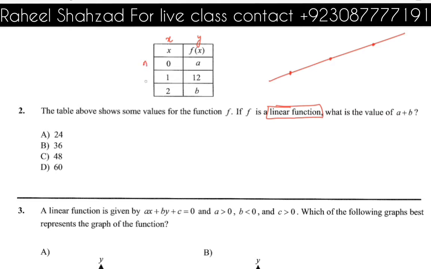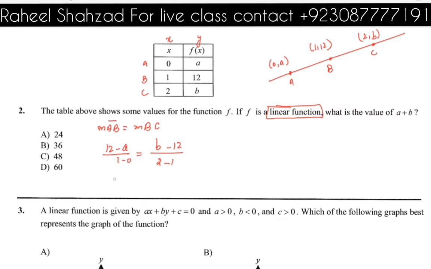So let's assume these are points A, B and C: (0, a), (1, 12) and (2, b). Let's name them A, B and C. We know that if this is a linear function, then the gradient of AB must be equal to the gradient of BC. So the gradient of AB is going to be (12 minus a) divided by (1 minus 0) equals the gradient of BC, which is (b minus 12) divided by (2 minus 1).